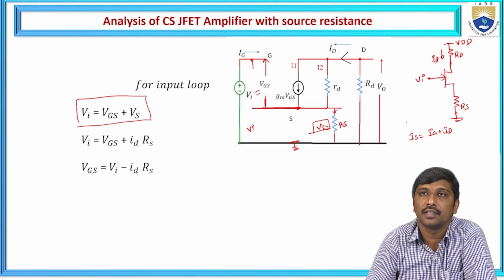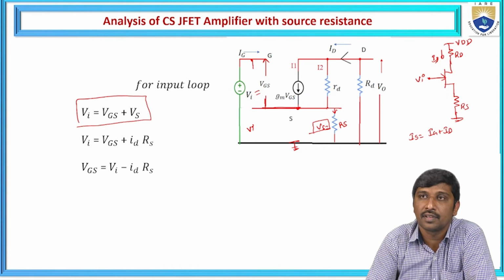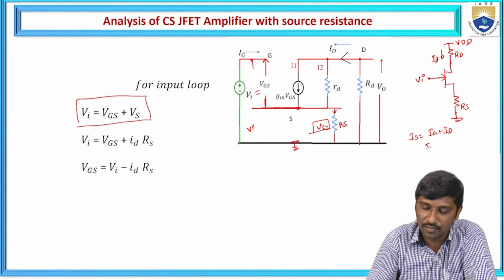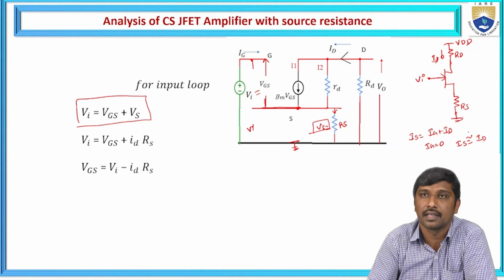From the construction and characteristics, the drain current flows from the drain to the source. And from the JFET analysis, the gate current is very small. Hence, if I assume IG is equal to 0, the source current is approximately equal to the drain current.